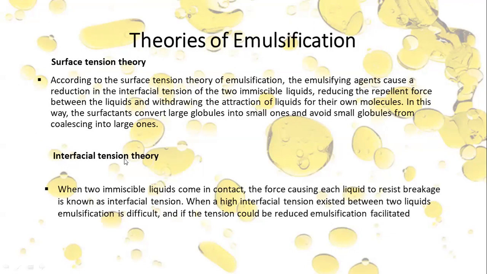And for interfacial tension theory, the explanation is that in an oil in water dispersion, the interfacial tension is so great that when two globules of the dispersed phase approach each other, it withdraws the liquid from between them, with the result that they coalesce. When the interfacial tension is greatly reduced by the addition of an emulsifier, the globules remain separated.